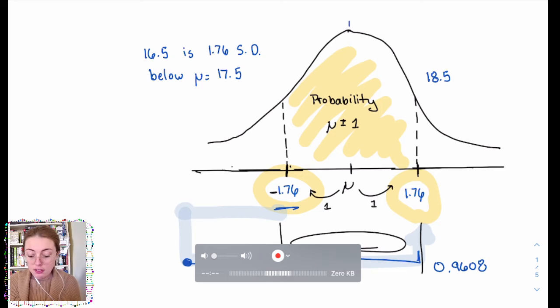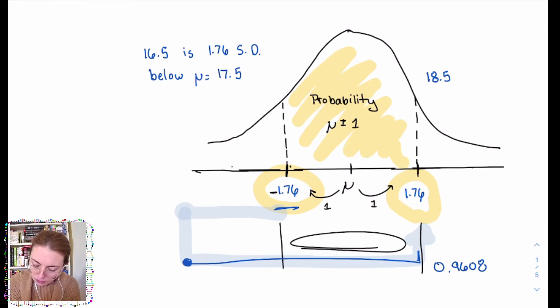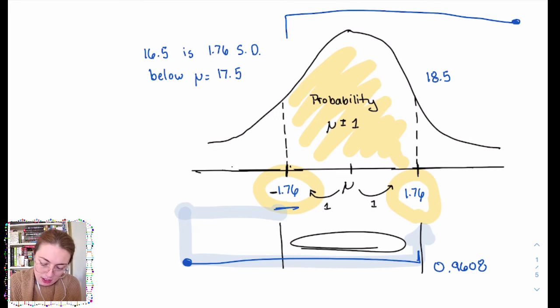So if you imagine with me and we mirror this all over, if we go from positive infinity down to this negative value, that probability will also be 0.9608, and the probability under the entire curve is 1, because 1 is equivalent to 100% probability. There's a 100% chance your value will be somewhere on this curve.